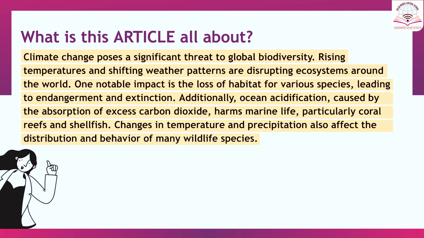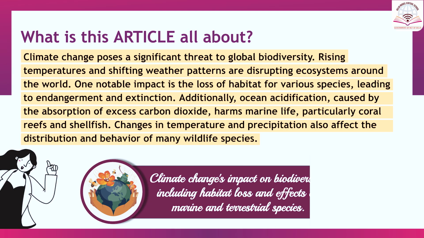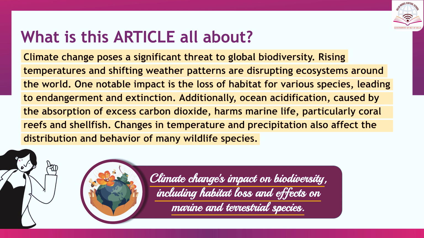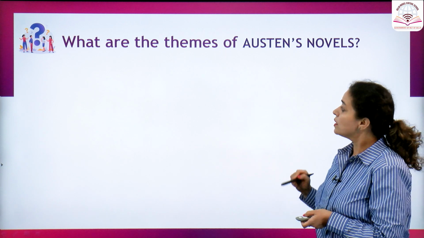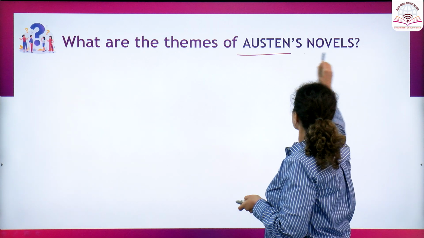So when we skim this text, we identify the main idea as climate change impact on biodiversity, including habitat loss and effects on marine and terrestrial species. So this is actually skimming. Now let's practice scanning. For scanning, if you get this question, what are the themes of Austen's novels?